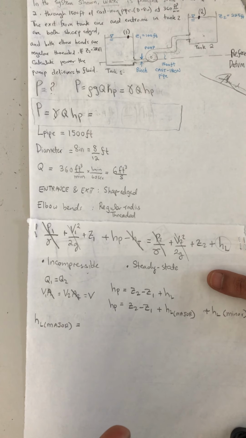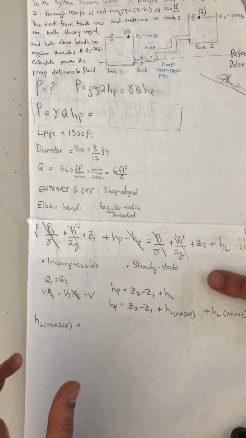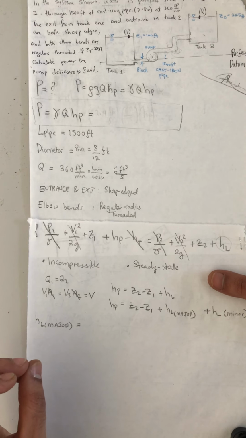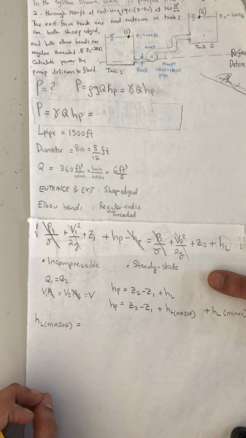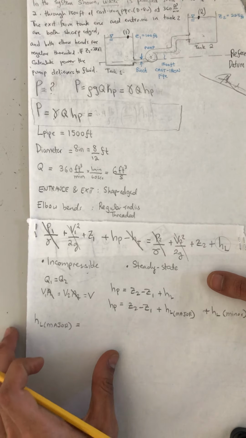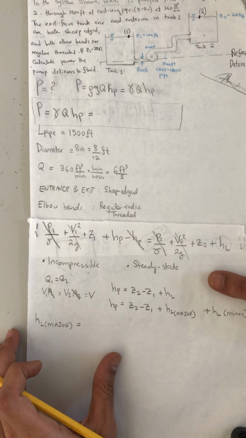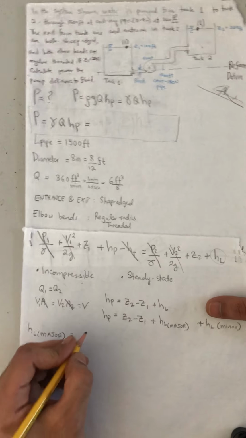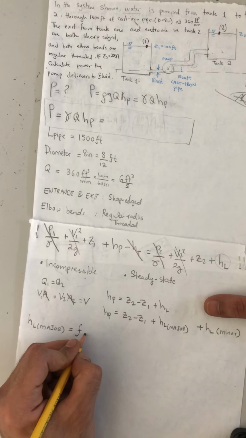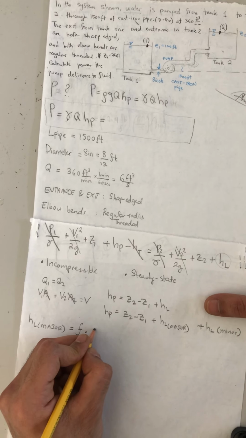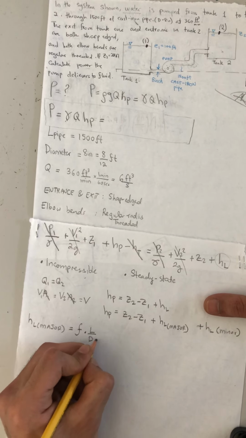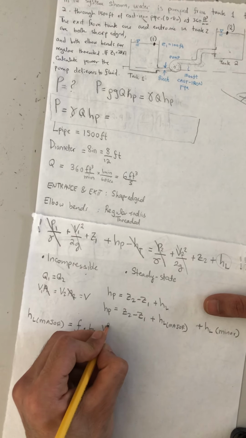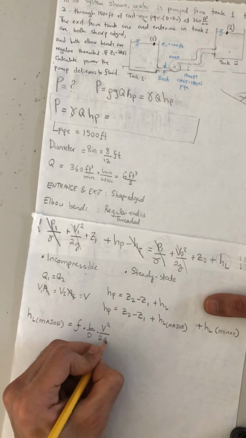We will mention the difference between the head loss, the major head loss, and the minor head loss. First, we will start with our major head loss. It is given by the Darcy's equation, frictional factor multiplied by our length over the diameter, times velocity squared over 2g.